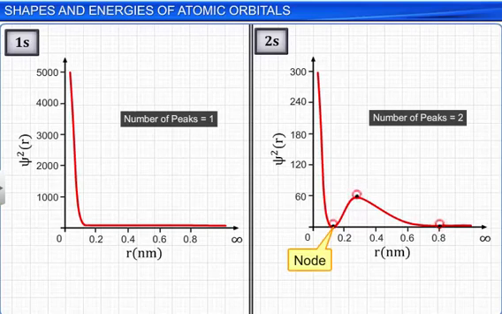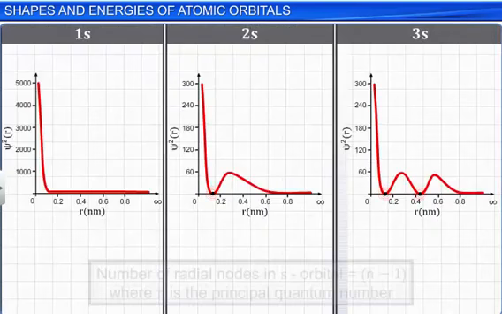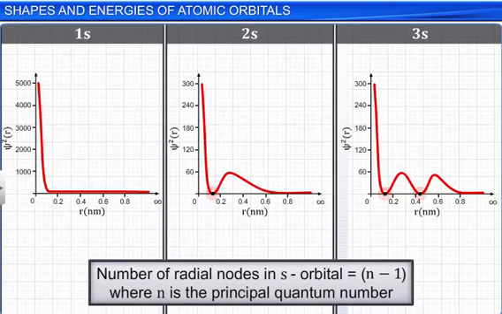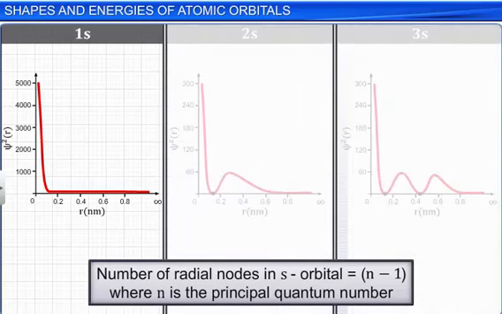For s orbitals, the number of radial nodes increases with the value of the principal quantum number n and found to be equal to n-1. Therefore, 1s orbital does not show any nodes, whereas 2s and 3s orbitals show 1 and 2 nodes respectively.